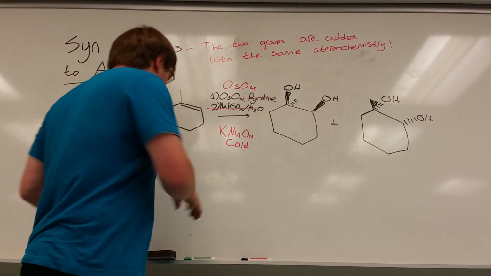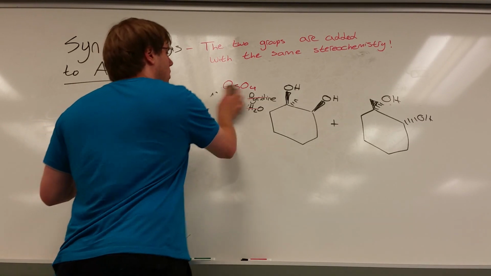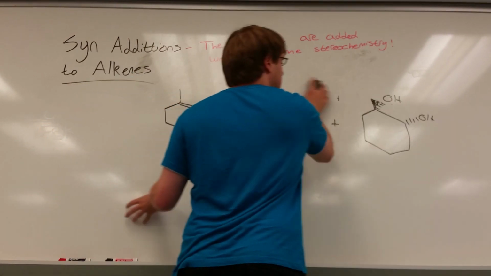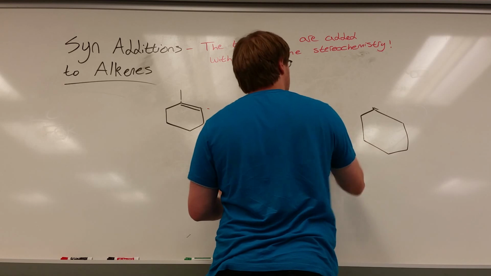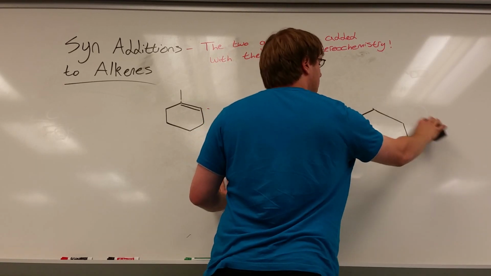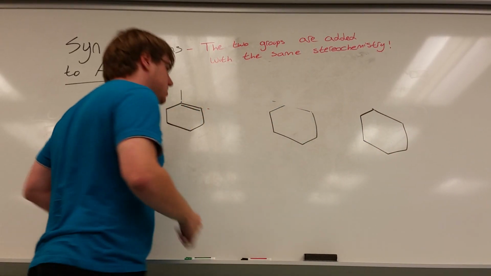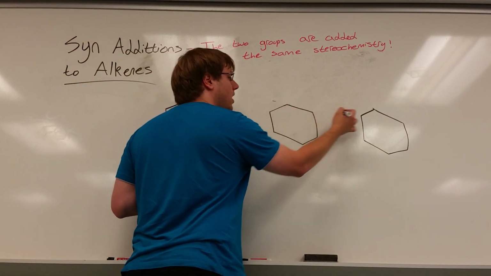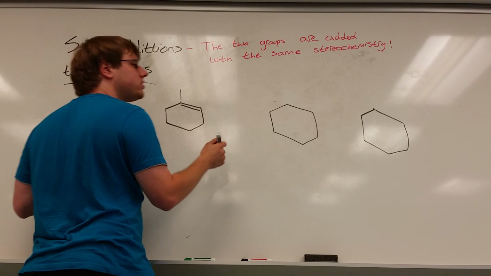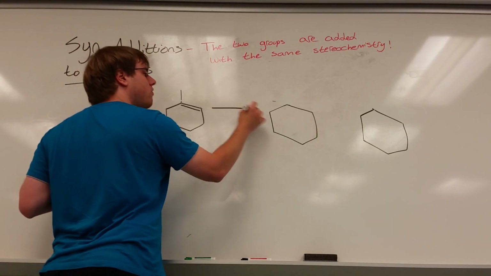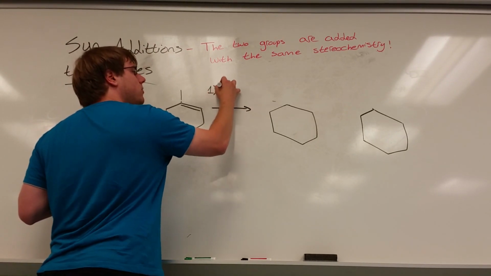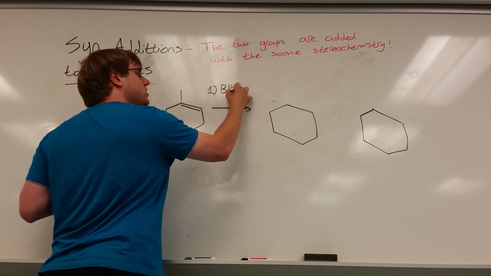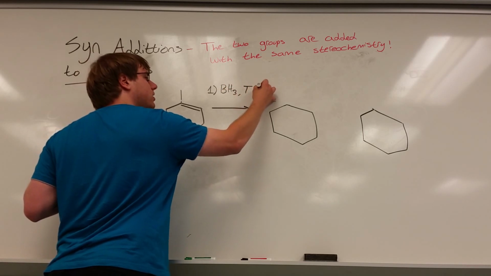The next reaction that can go over our arrow from our syn addition list is a reaction called hydroboration. This reaction depends on when you take the course on how much detail you need to know about it. Over the arrow, you will see step 1, BH3·THF.